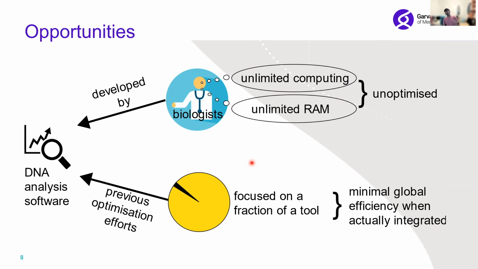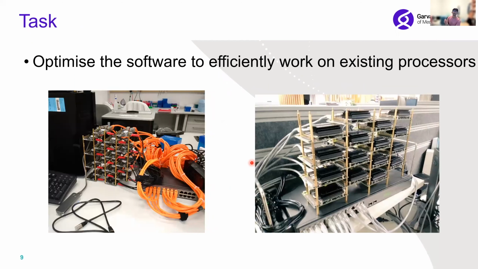So to start with, we built two sets of devices. The one on the left was made out of 16 single board computers, like you may know things like Raspberry Pi. This was a better version of a Raspberry Pi.